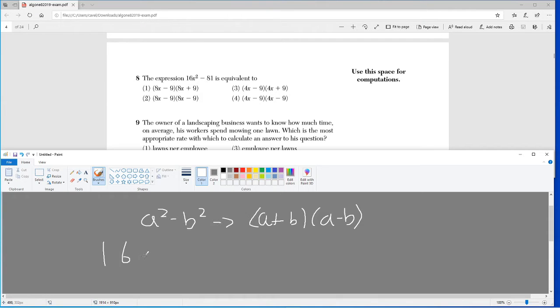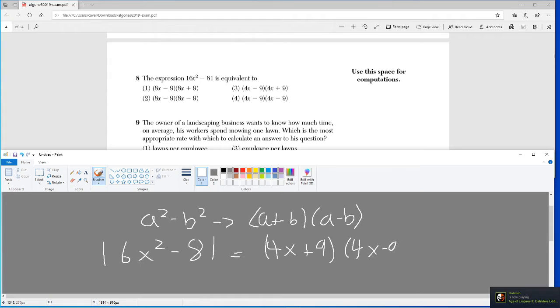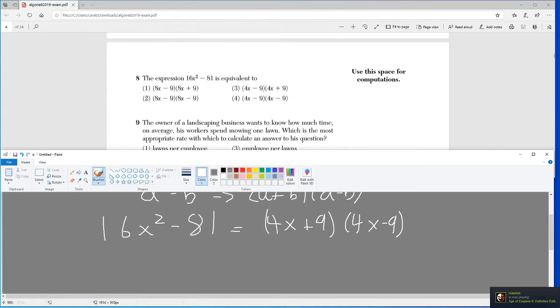So for 16x squared minus 81, this is basically the square root of this part, which is just 4x plus 9, because 9 is the square root of 81, and 4x minus 9.